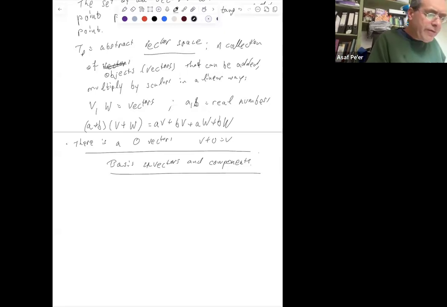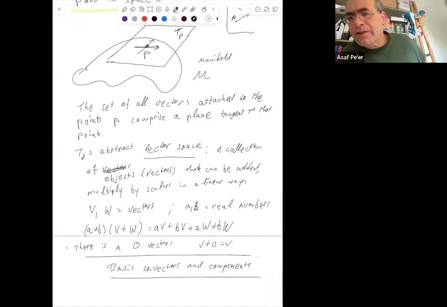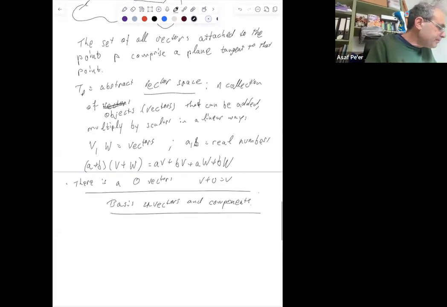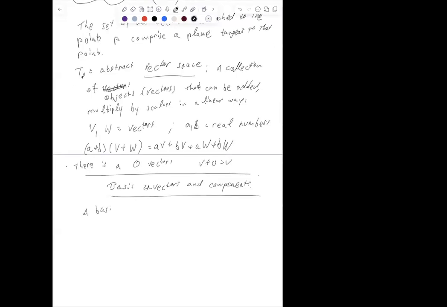So what is a basis? Obviously, we have vectors, and it's often useful, we don't have to, of course, but it's often useful to decompose the vector into its components at a given basis. What is a basis? Take some usually orthogonal vectors that span the space, and you express any vector as a sum of those.